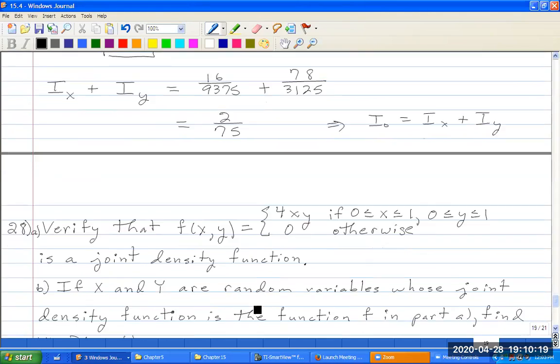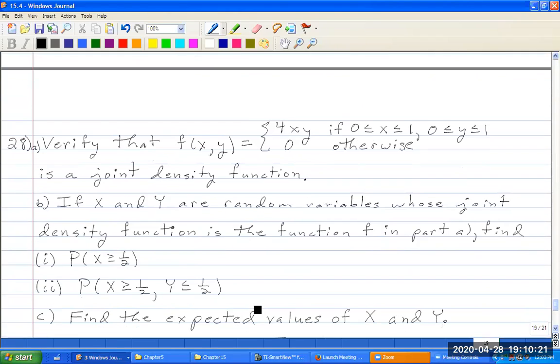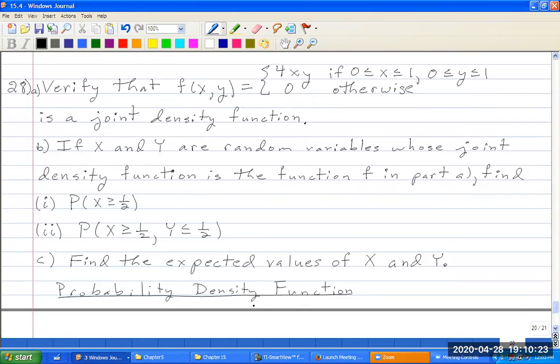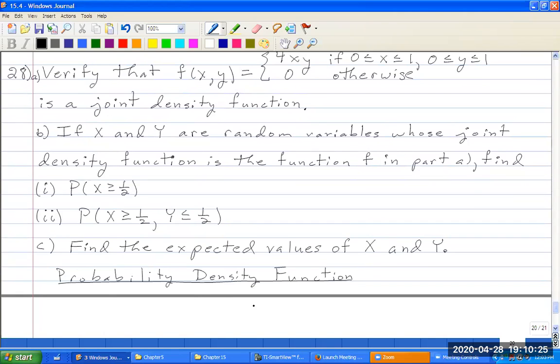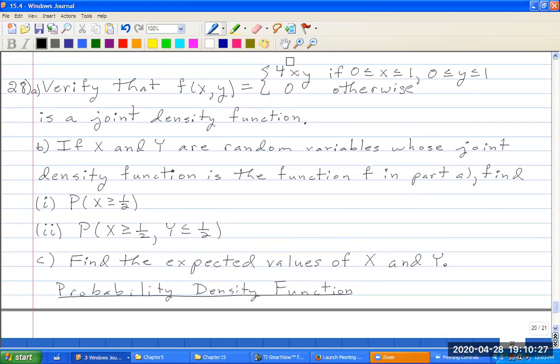Okay, so let's go on to problem 28. Verify that f equaling 4xy if x is between 0 and 1 and y is between 0 and 1, and 0 otherwise, is a joint probability density function.